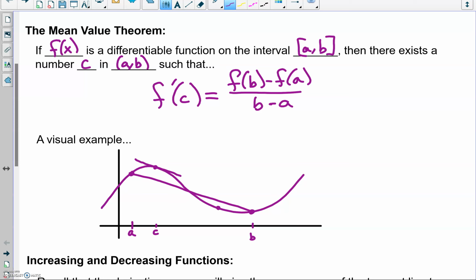And you get another place, maybe about right in there, where the slope of the tangent line is the same as the slope of the secant line. So really that's all that the mean value theorem is saying: somewhere in the interval, the instantaneous rate of change will match the average rate of change. And it could happen in a couple of places as it did here, or more.